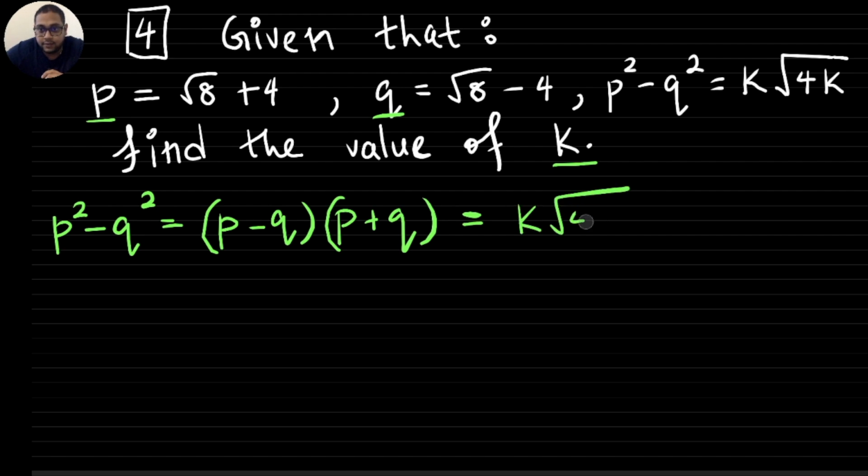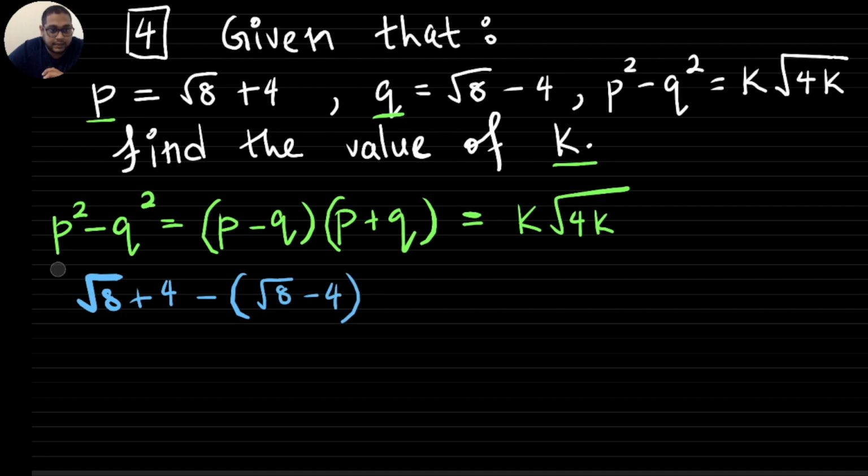surd 4k. We get root 8 plus 4, that will be p, minus, I'm going to use a bracket for q, root 8 minus 4, and the second bracket would be p plus q, that will be root 8 plus 4 plus root 8 minus 4.